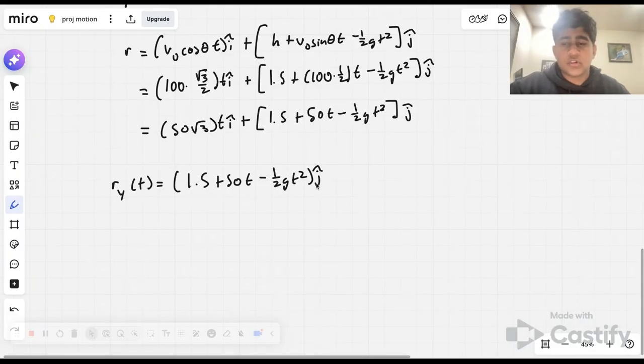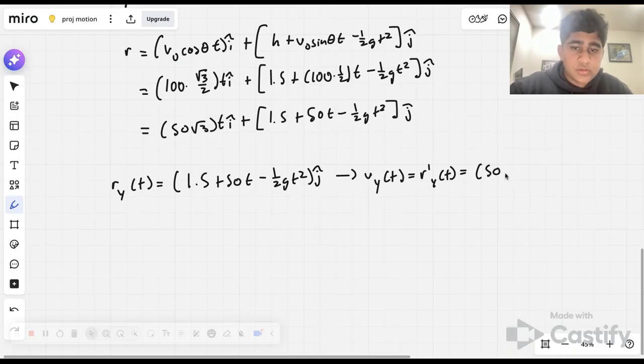So we know that the vertical component of velocity will simply be v y of t equals r prime y of t, which is going to be equal to 50 minus g t j.